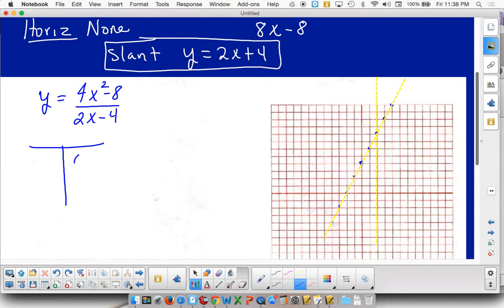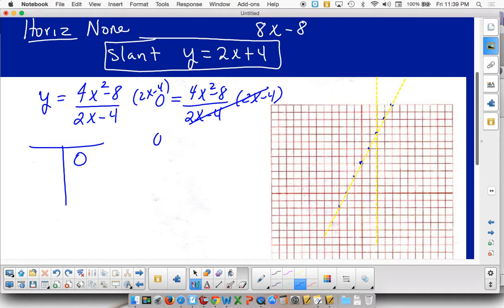X-intercepts occur where the y-coordinate equals 0. So if I'm setting this equal to 0 and solving for x, I'm going to have to multiply the denominator over to the other side. What's going to happen when I take it times 0? It's going to be gone. So I really just have 0 equals 4x squared minus 8.